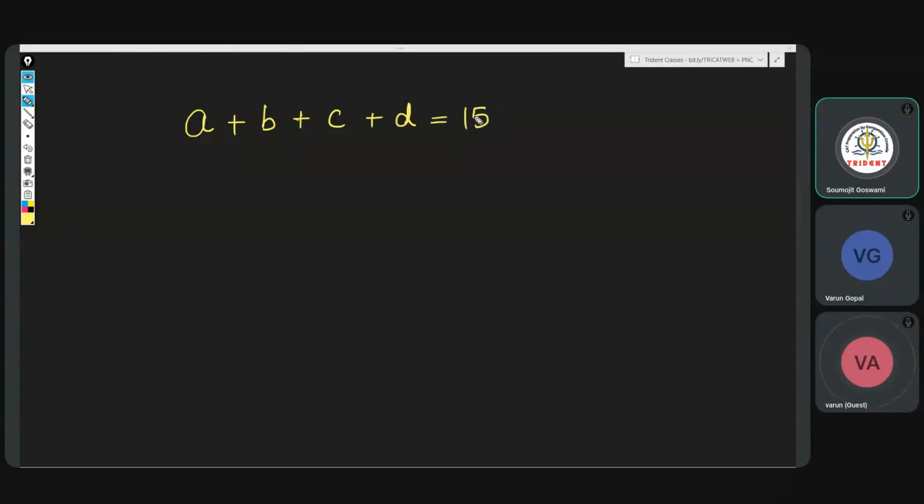Okay. If 4 dice are thrown, what is the probability to get the sum of 15? That means all the 4 dice should add up to 15.